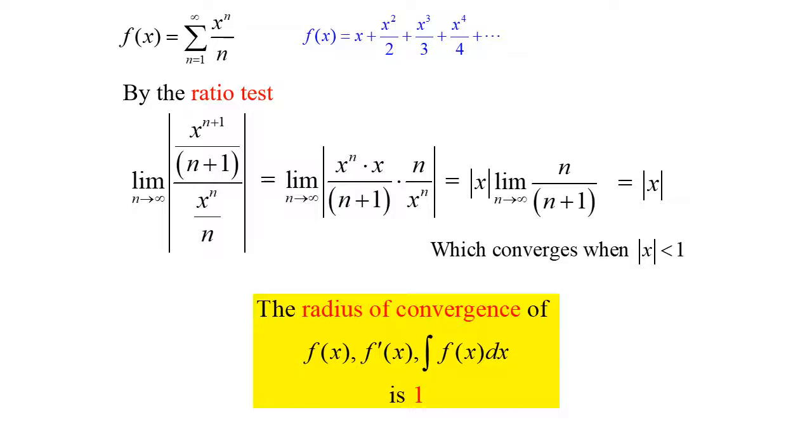And so we know that the radius of convergence for this function is 1. Now we didn't test the endpoints yet, so we don't know the interval of convergence, but we know the radius of convergence is 1. That means when we do the derivative of this in just a moment, we know its radius will be 1. When we do the integral of this in just a moment, we know its radius will be 1.